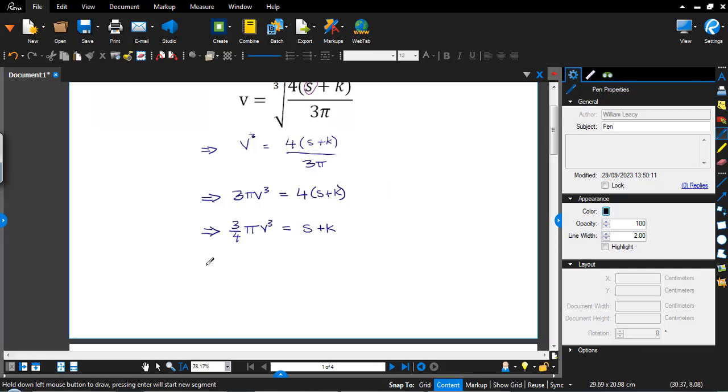So that implies 3 pi over 4 v cubed minus k equals s. And that's it.